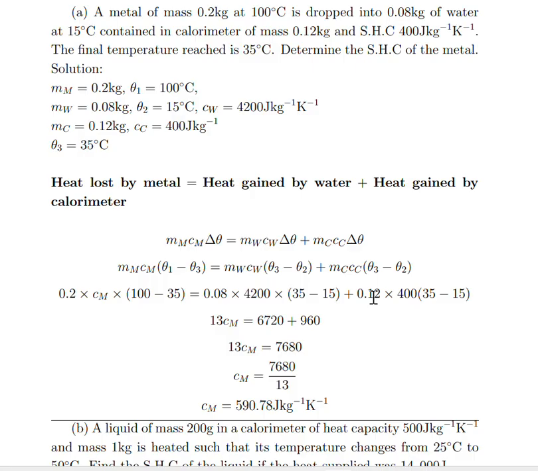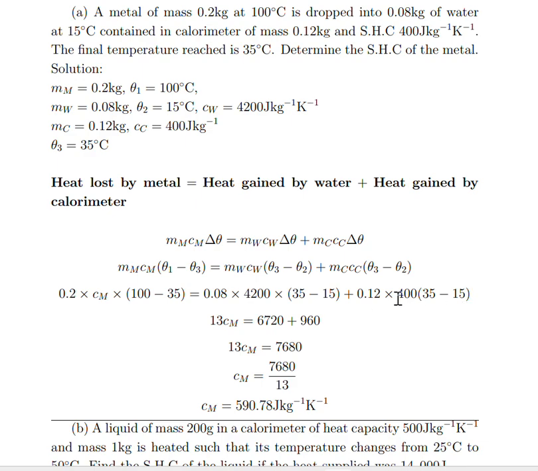Then the calorimeter itself: its mass was 0.12 times its specific heat capacity. These were given, the specific heat capacity of the calorimeter was given. Then the temperature difference would be the final temperature of the mixture minus its initial temperature. So water and the calorimeter were sharing the same initial temperature.